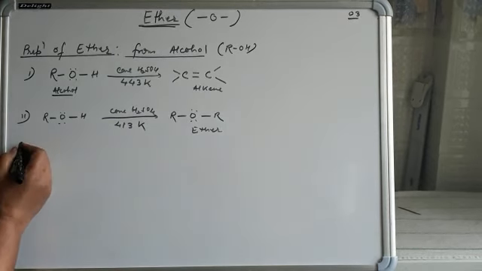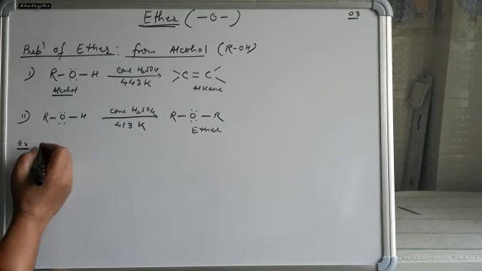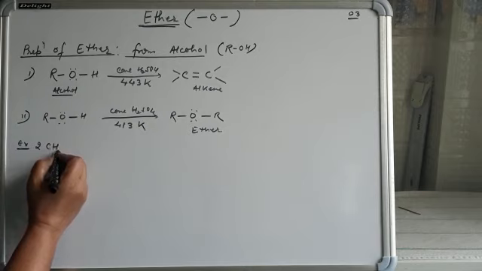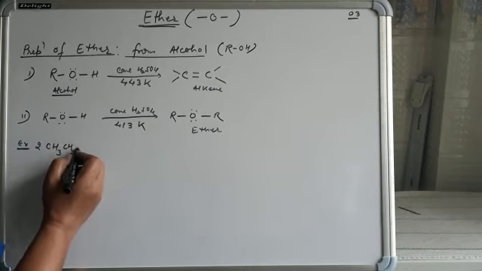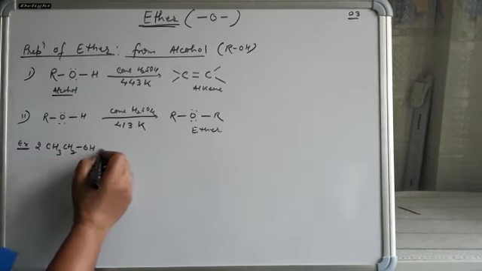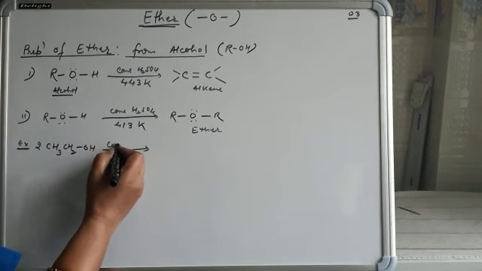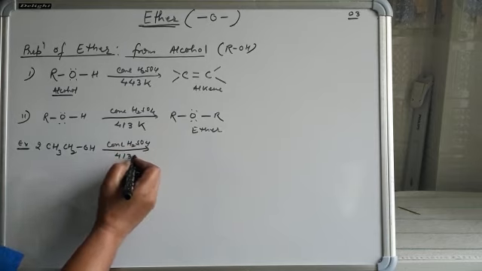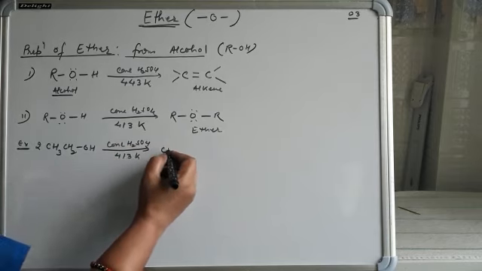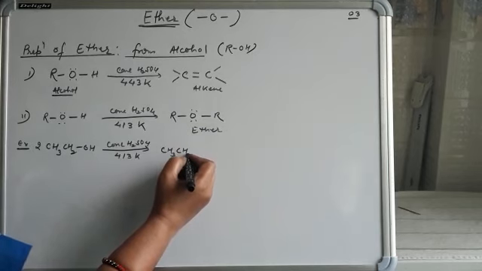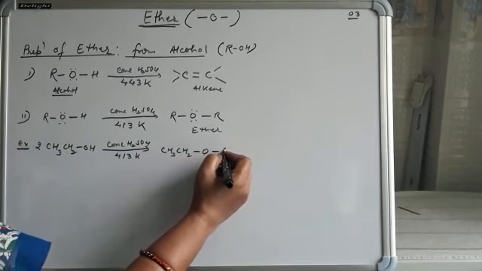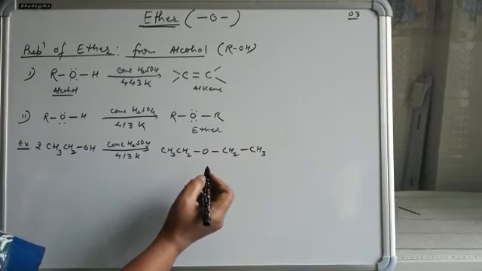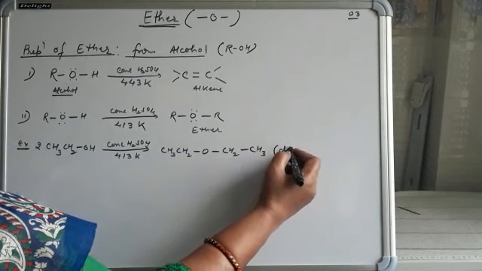For example, when two molecules of alcohol are treated with conc H2SO4 at 413 Kelvin, formation of diethyl ether takes place.